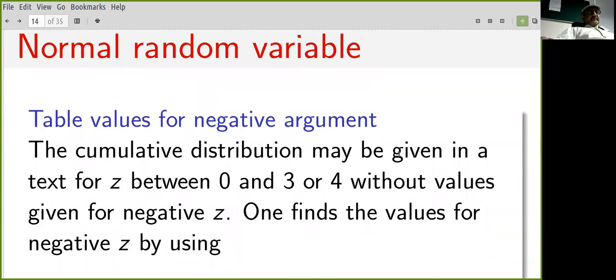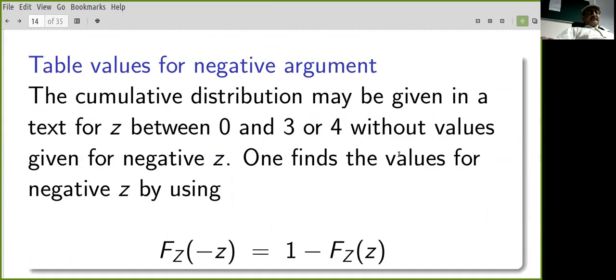Sometimes the tables don't give the values for negative arguments.